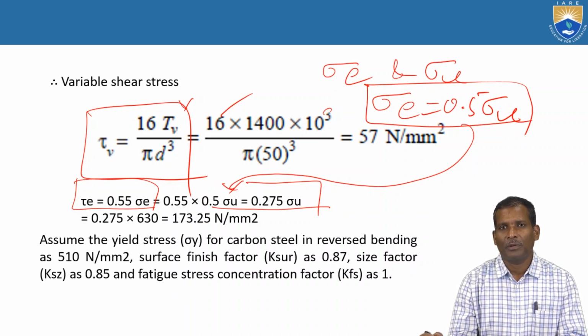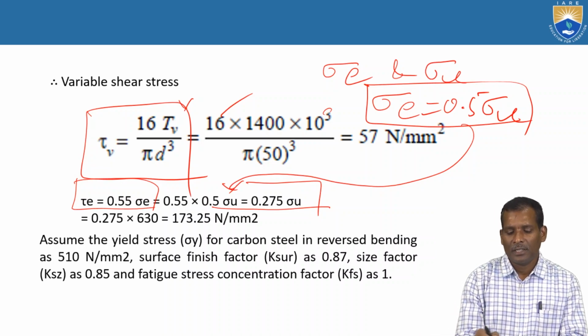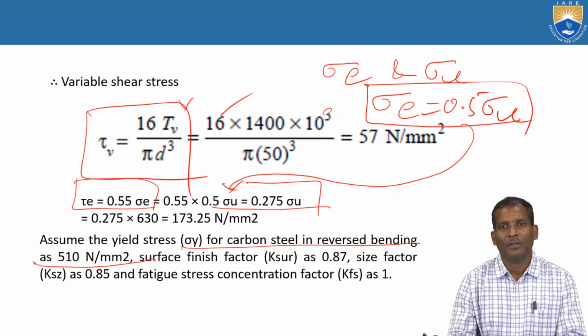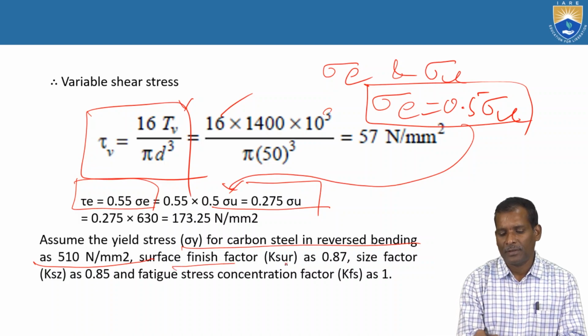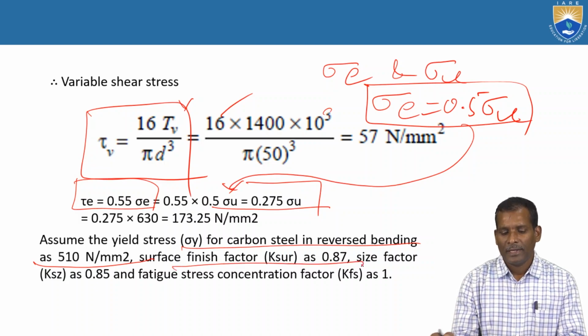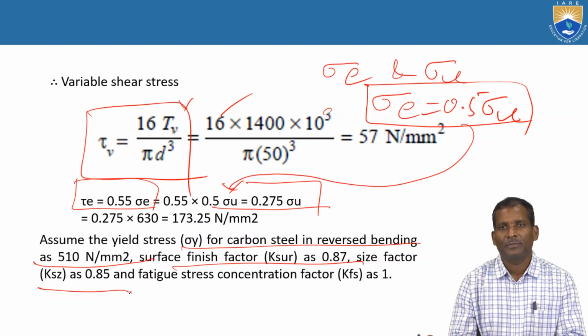In your problem the yield stress is not given. So assume the yield stress value for carbon steel in reversed bending as 510 Newton per mm square. The surface finish factor is 0.87 and the size factor is 0.85. The fatigue stress concentration factor is 1.